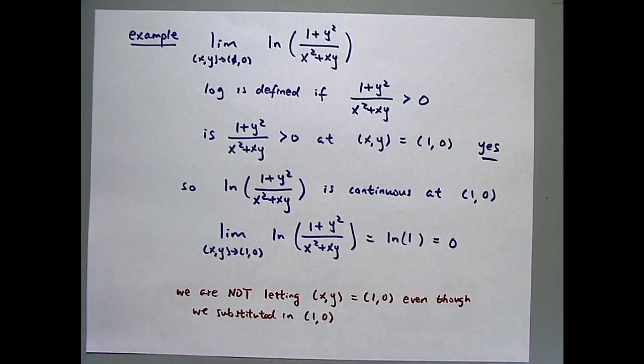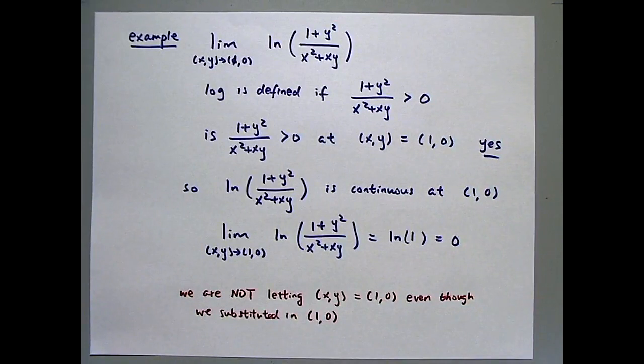We did the substitution because we knew the function is continuous, and therefore it would be the limit. But in general, whenever we're dealing with limits, whether we could get there or not is completely irrelevant. What's relevant is that we could get really, really close to it and still get a meaningful number out of the function.